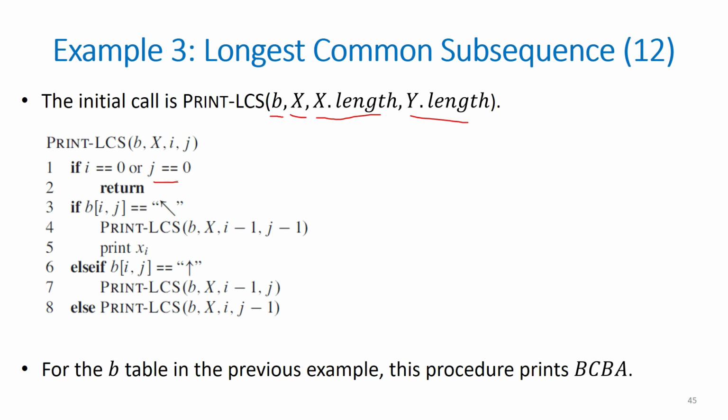Otherwise, if it sees a diagonal arrow, it recursively calls itself with lengths i-1 and j-1 as inputs. This is case 1 of the theorem. Otherwise, if it is an upward arrow, it calls itself with length i-1. Otherwise, it passes length j-1 if it is a horizontal arrow. Applying this procedure on our previous example would therefore print the LCS BCBA.